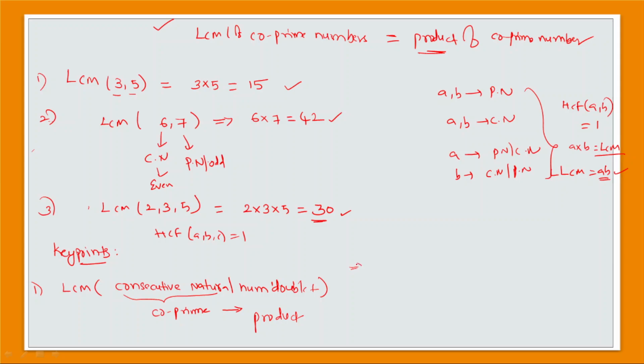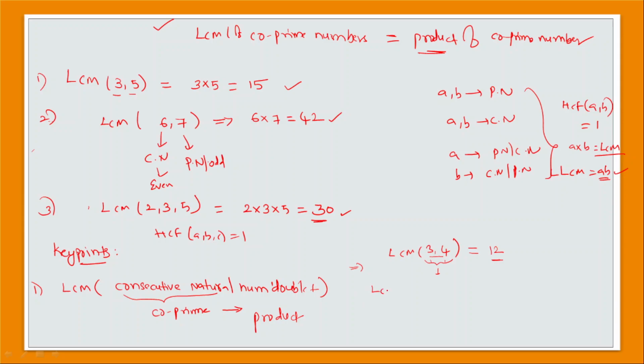Let us take one example: LCM of 3 comma 4. Here 3 comma 4 are consecutive natural numbers and these are also co-prime numbers. Why? Because the HCF of 3 comma 4 is 1. So simply the LCM will be the product of those two numbers, that is 12.